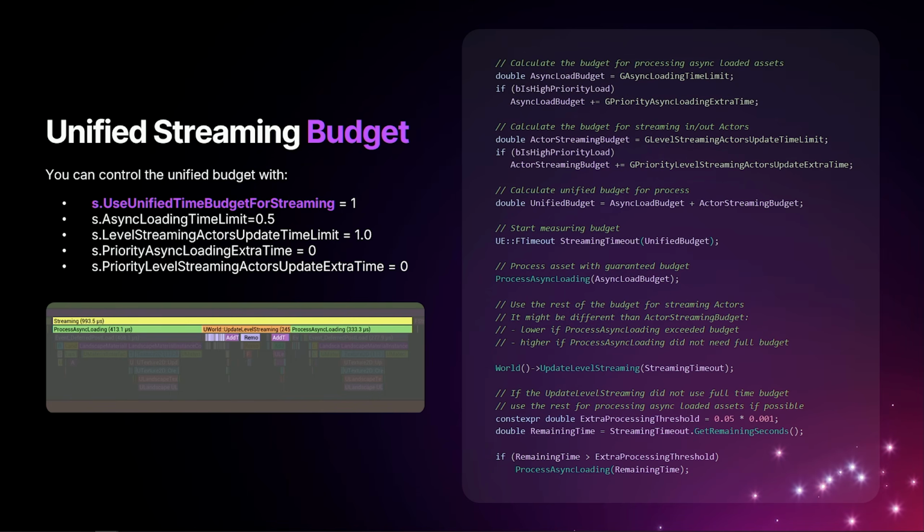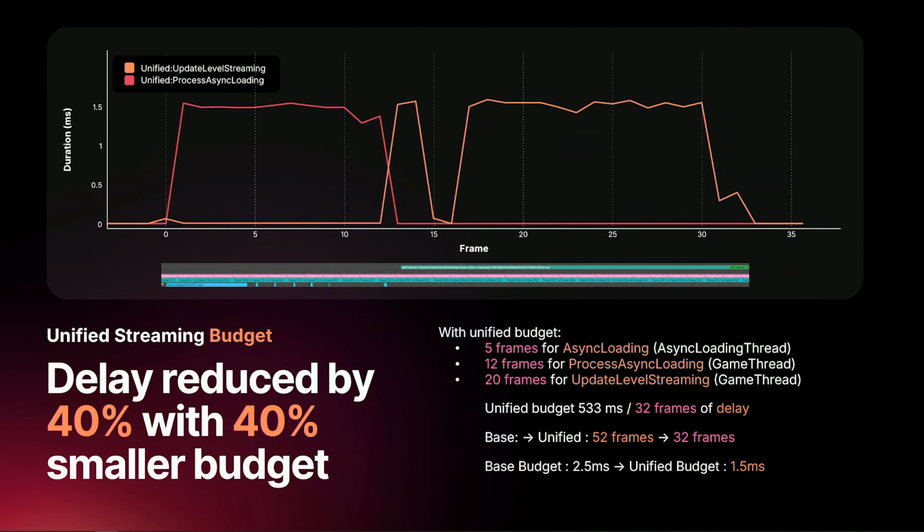The whole functionality is extremely simple, but with that change, we could actually reduce the budget assigned to the frame from 2.5 to 1.5 milliseconds. And still, we got a 40% reduction in streaming response delay.